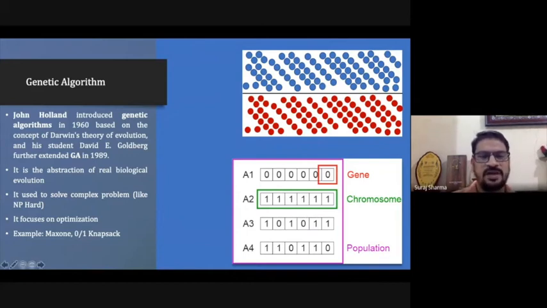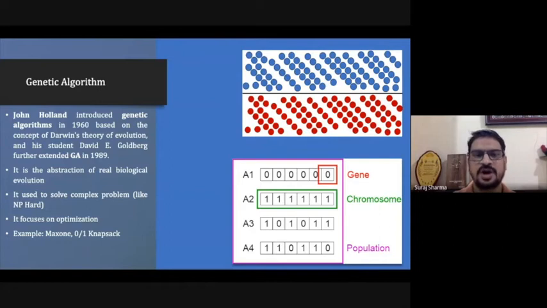This type of algorithm is very useful to solve complex problems like NP-hard problems. Mainly, the genetic algorithm is focused on optimization problems. Optimization means generally we have a number of solutions, or a state space where we have some solutions, and from those solutions we have to find the best solution.